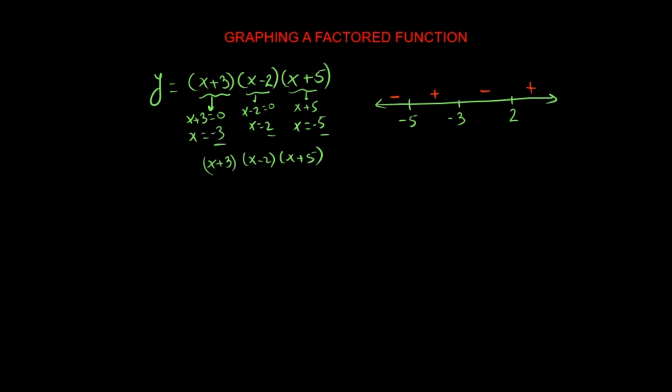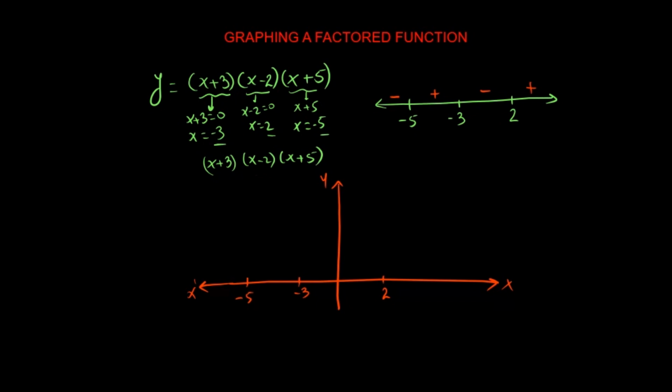Now that we have the signs, we can draw the outline of the graph and get an idea of how it looks. I will draw the graph right here. So we have the x-axis, y-axis. We have minus 5 somewhere here, minus 3 somewhere here, and 2 somewhere here. Now, it says it's negative before minus 5.